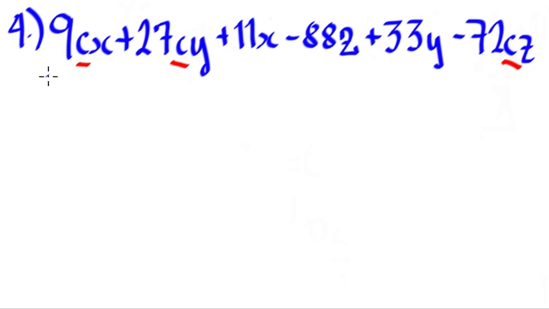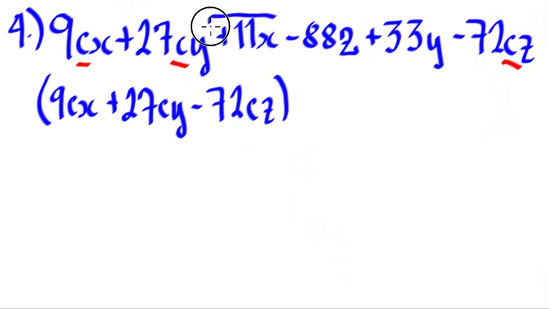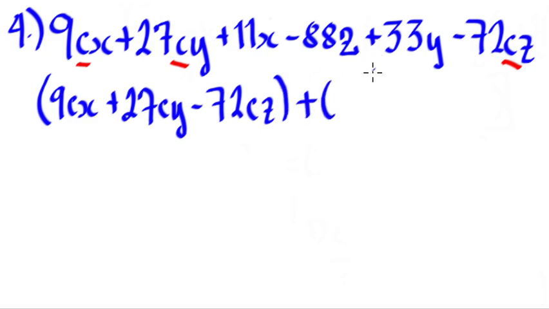9cx plus 27cy minus 72cz. Okay, and since all the remaining terms have mixed operations, let's just put a plus sign outside and copy everything.